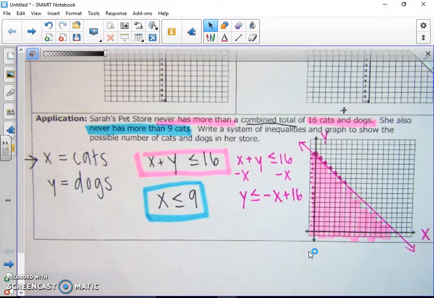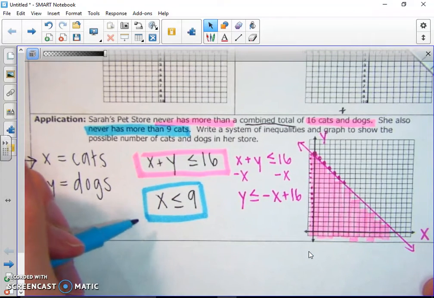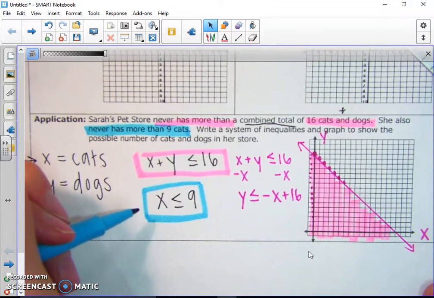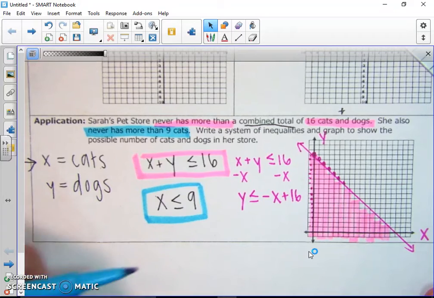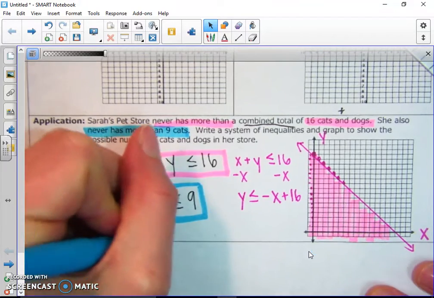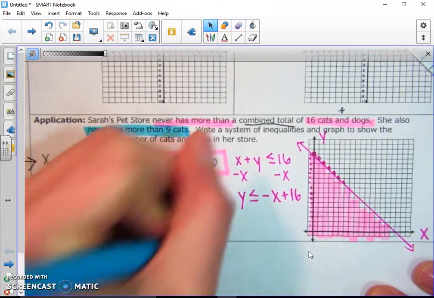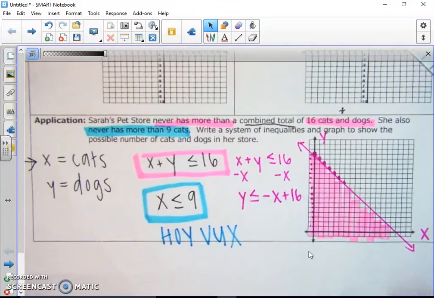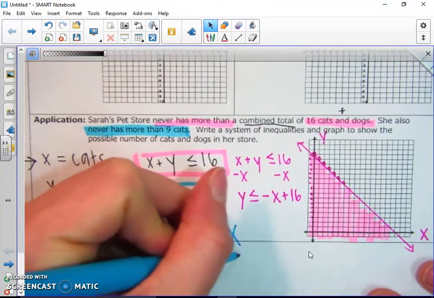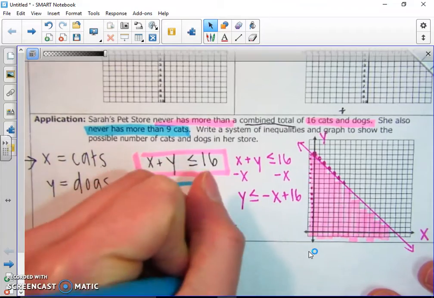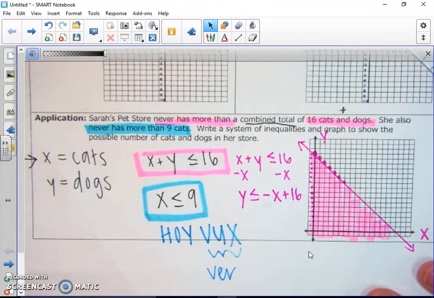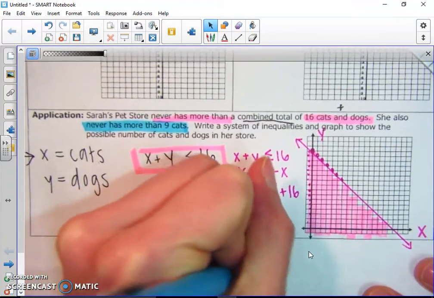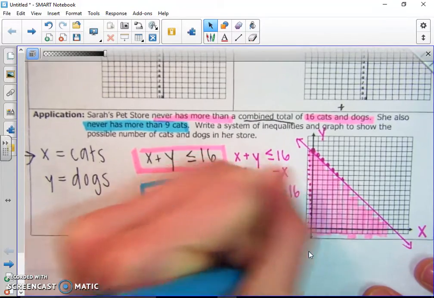Now let's go ahead and graph X is less than or equal to 9. Whenever I see something that's not in y equals mx plus b form, it's usually X equals or Y equals. So I always think of "HOY VUX." That's how I remember these special cases. X is a part of VUX, which means vertical. So a vertical line is X equals, or X less than, X greater than, whatever.